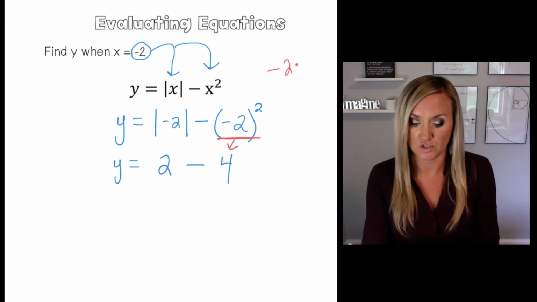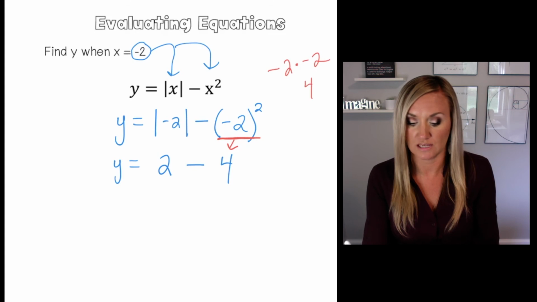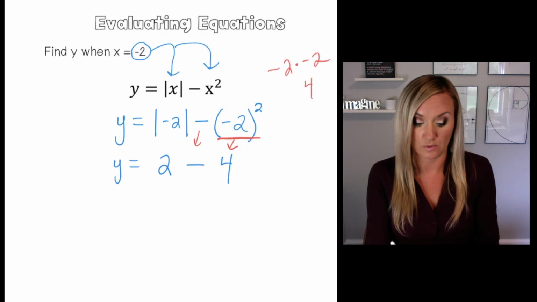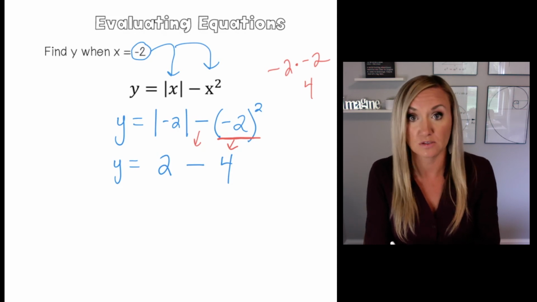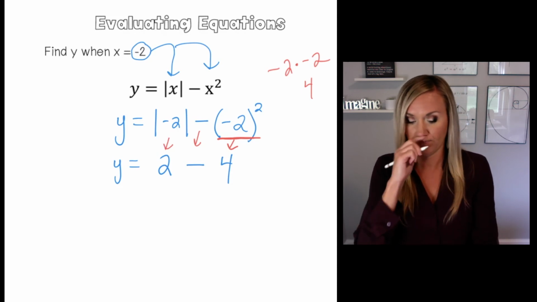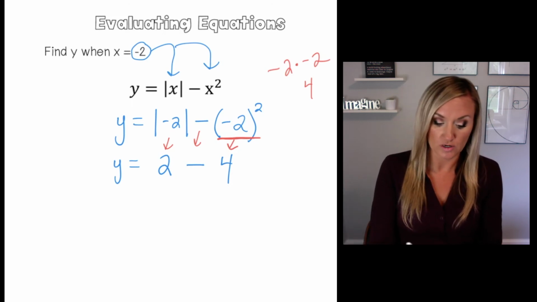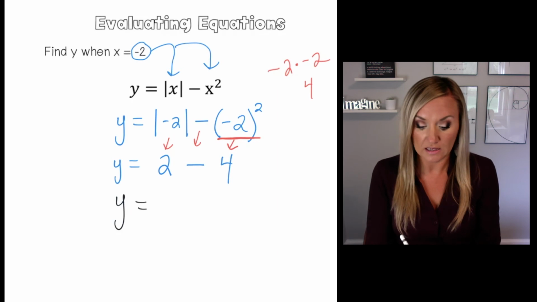Because it's -2 times -2, which is a positive 4. And then I brought this negative sign down, and then we did this math of the absolute value of -2 is 2. Okay, so then now we can just look at the equation going straight across, and y equals 2 minus 4, which is -2.